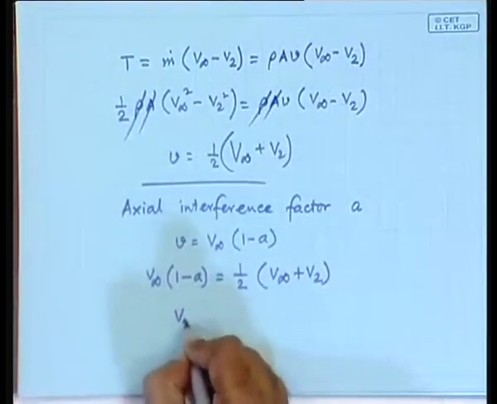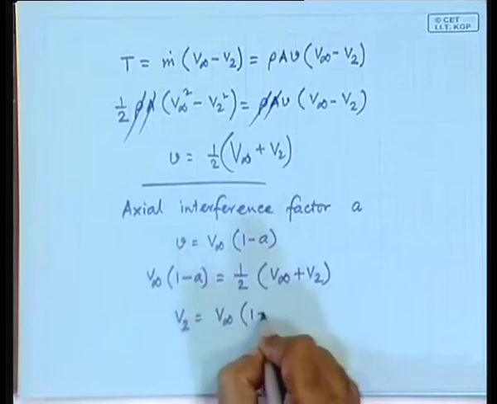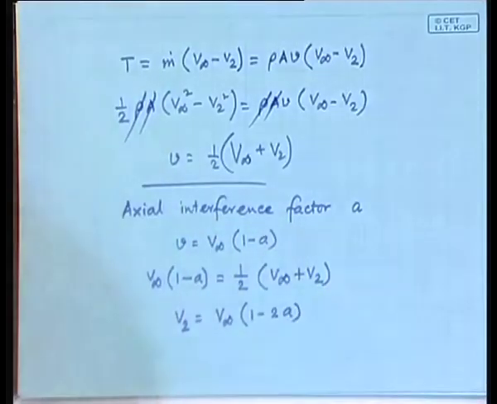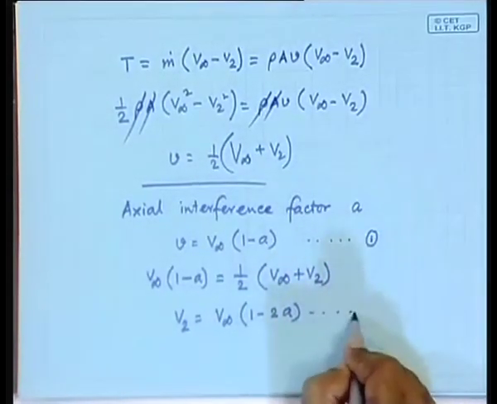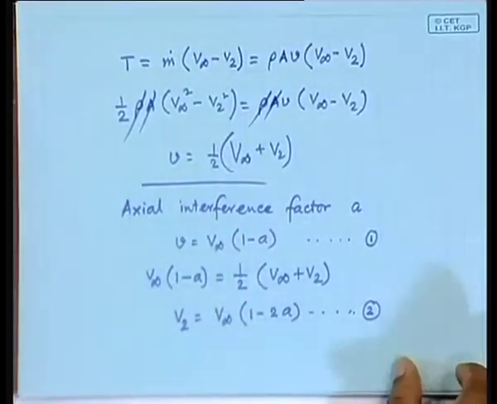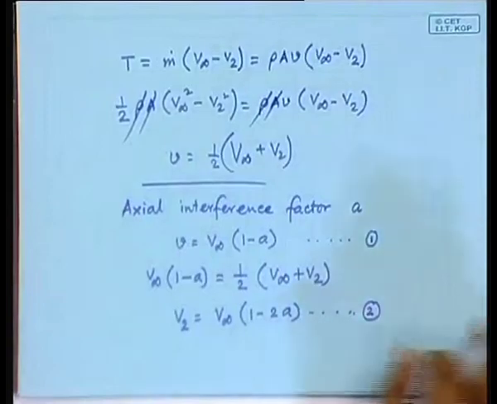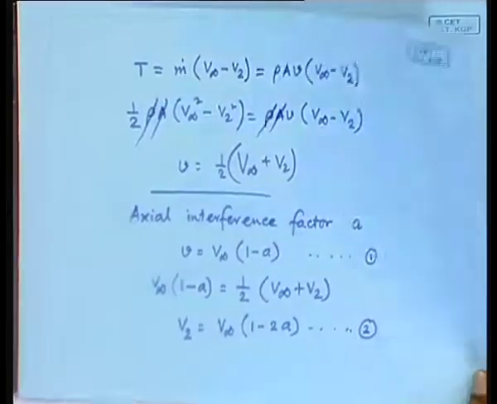So, you get V2 is equal to V infinity into 1 minus 2A. Okay. So, we have expressed small v in terms of A, and we express V2 in terms of A and V infinity, of course. V infinity is something that is not in your hand, and we are expressing in terms of these. Fine.